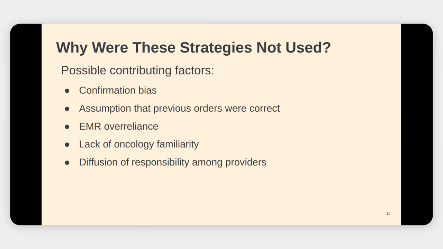Additionally, providers may have placed excessive confidence in the electronic medical record and assumed that previous medication orders had already been validated. Finally, the involvement of multiple providers may have created a diffusion of responsibility where each clinician assumed someone else had already reviewed the medication. This case demonstrates how small cognitive errors can combine with system failures to produce devastating outcomes.